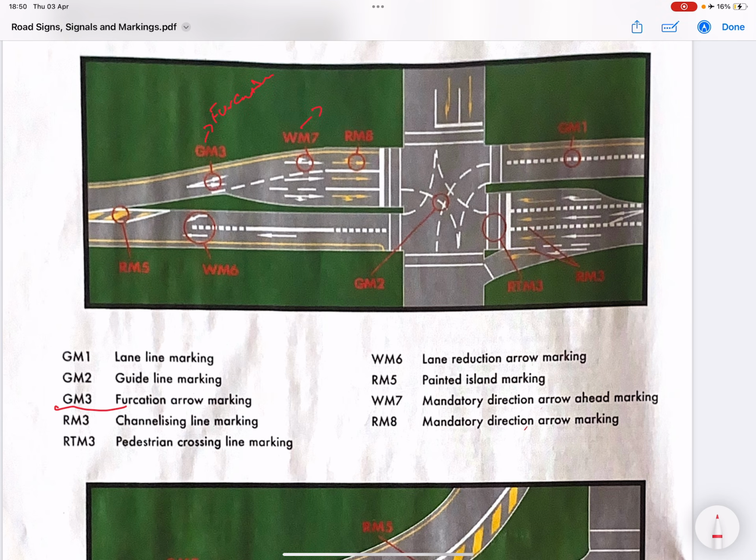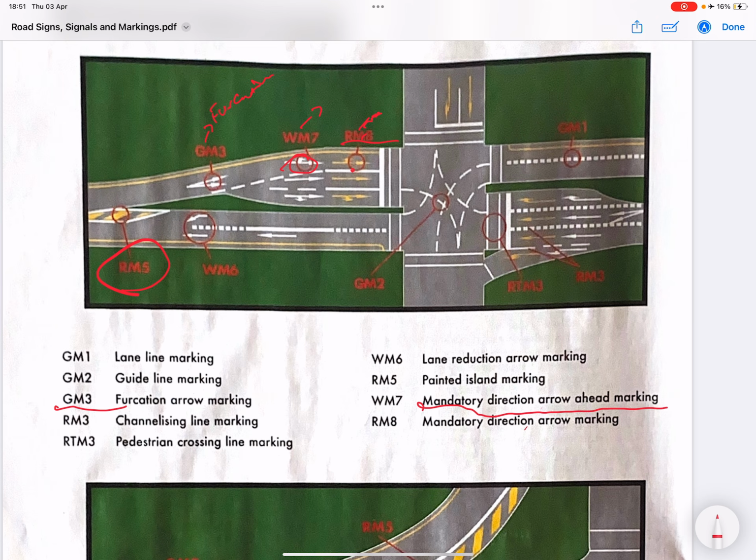WM7, mandatory direction arrows ahead. They're telling you that ahead, you will get a mandatory direction arrow, which is RM8. Then RM5 is painted island marking.